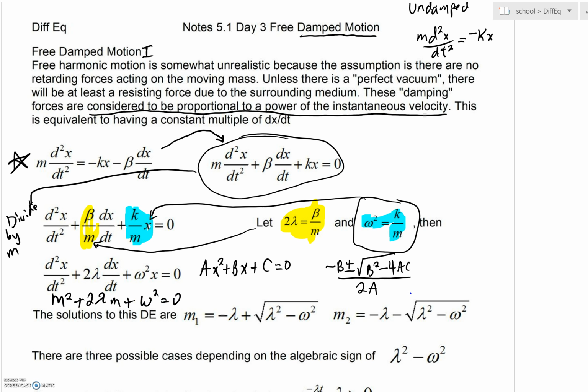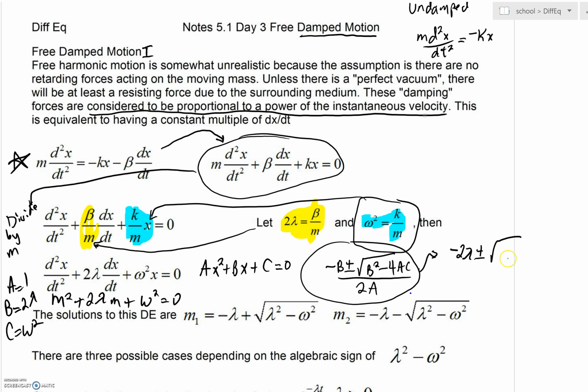We could apply this quadratic formula here, where our a would be 1, our b would be 2 lambda, and our c would be omega squared. So let's use those substitutions and see what our solutions will look like. Opposite b will be the opposite of 2 lambda, plus or minus the square root of b squared, which is 4 lambda squared, minus 4 times 1 times omega squared. And down below we'll have 2 times 1, which is just a 2.